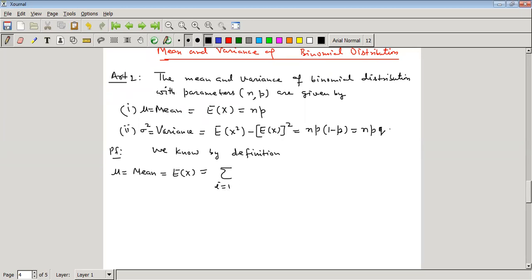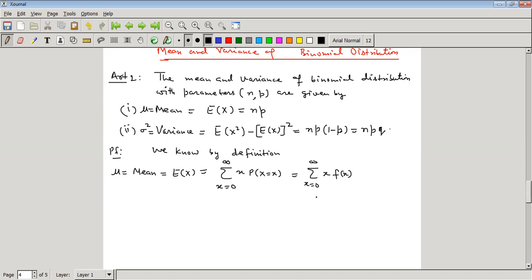x equal to 0 to infinity, x into probability of x is equal to x, that is summation x equal to 0 to infinity, x into fx, we also denote this by fx or px.